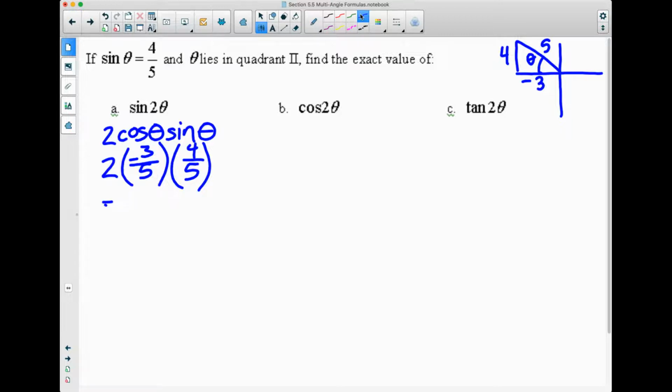You're good. I do that all the time. Did anyone get anything different than negative 24 over 25?